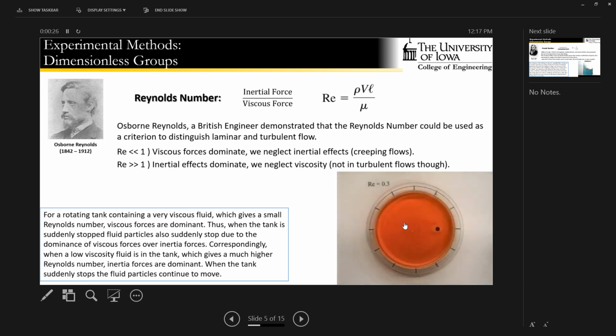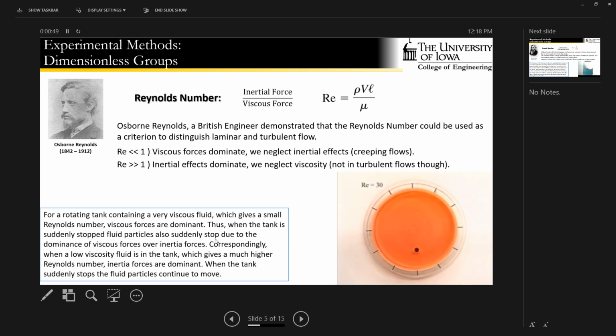This video shows, for example, spinning up a very viscous fluid at a very small Reynolds number, 0.3. We've got a marker in there that, as it stops, basically stops with the flow. There's very little inertia; it's all getting damped out by viscosity.